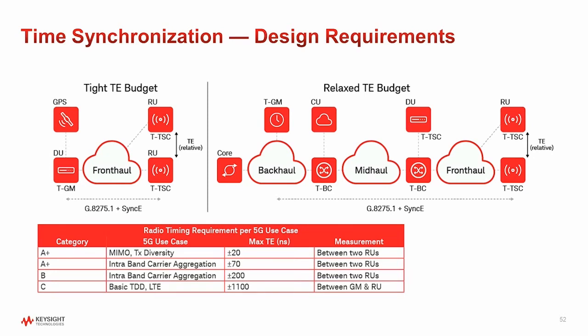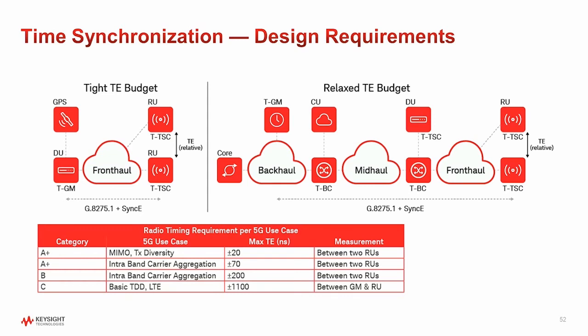In a tighter time budget scenario, the DU typically will have a GPS input and will serve as a 1588 grandmaster for the RU or the RUs that it is serving. So every hop needs to support the timing. That is, every router in between will need to be a 1588 boundary clock or a transparent clock based on the design. And also SyncE is implemented here in this type of network to improve the stability of the frequency base.